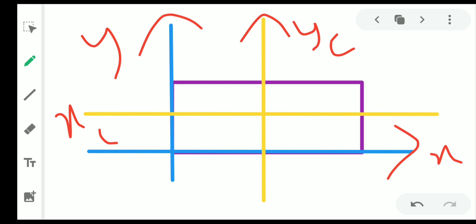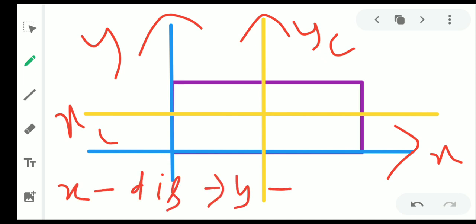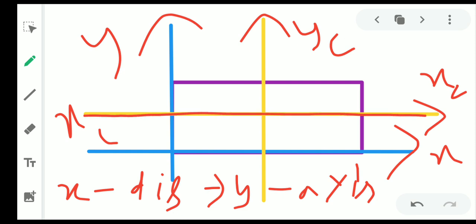Remember one thing, as I told you in centroid also, when we are calculating x distance, we calculate it from what? Y axis. So this axis may be xc, but the distance is what? The axis we have drawn here, but we are calculating from this distance.